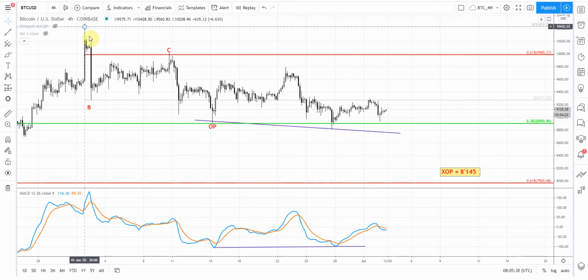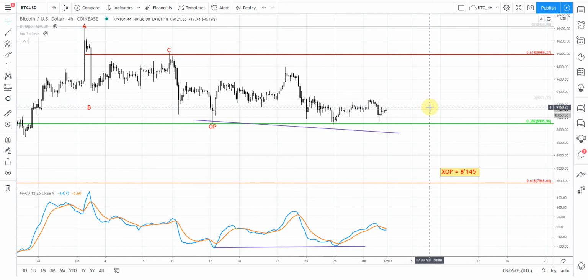So we have the extension, contraction leg, extension again, then contraction, reaction on the OP, retracement, and that should be extension. But the market suddenly has stopped, forming bullish divergence here and gives a hint on possibly holding the same area of the OP with a possible upward continuation. That's what we're considering right now.